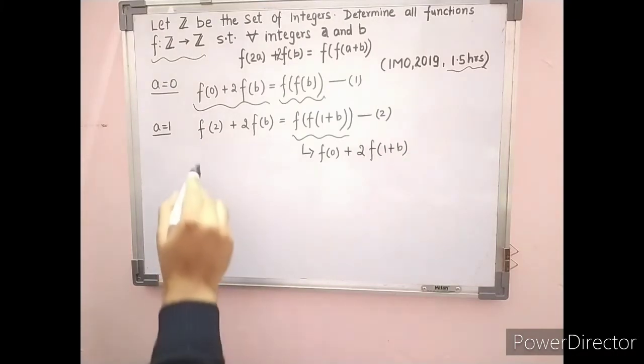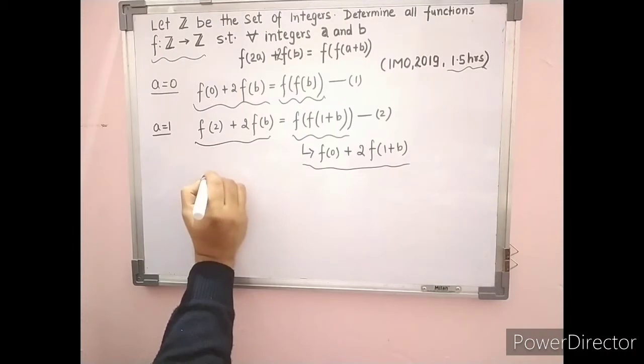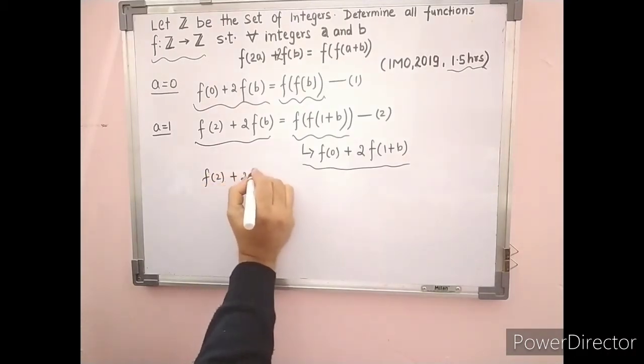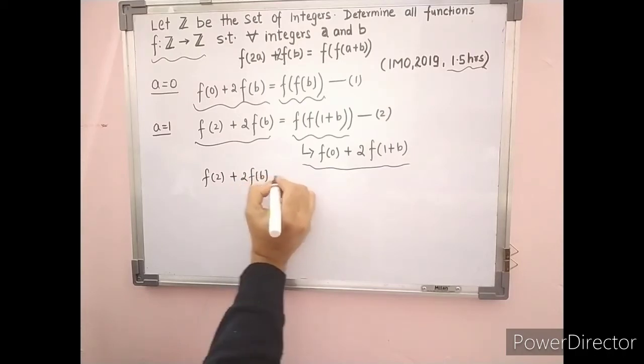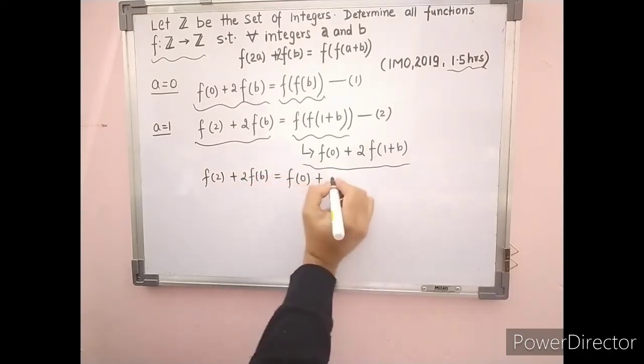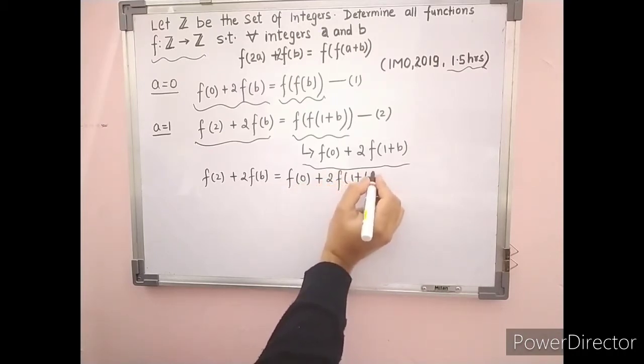Now see, what we are getting is a functional equation f(2) + 2f(b) = f(0) + 2f(1 + b), right?